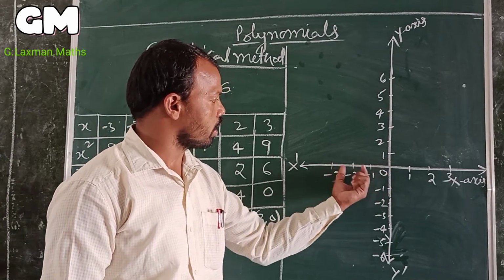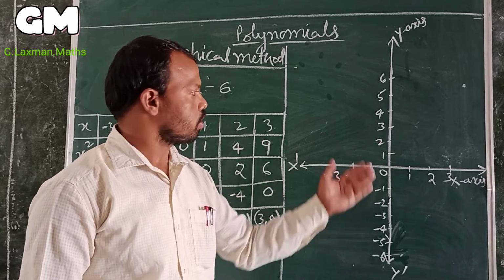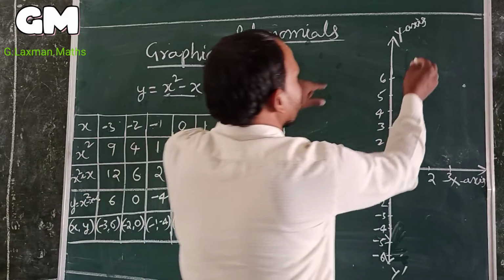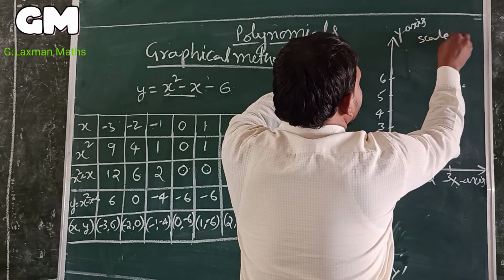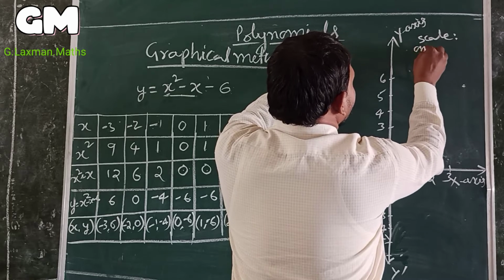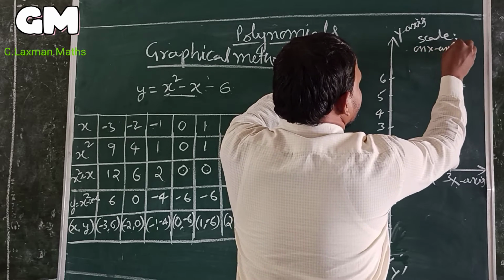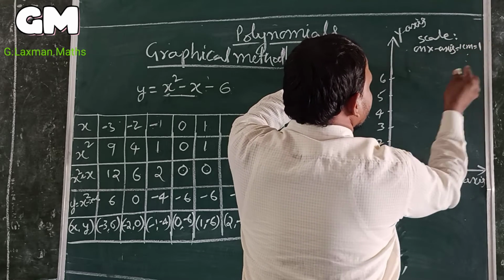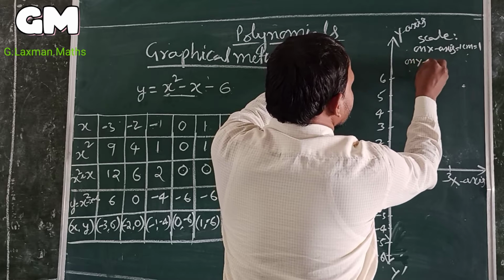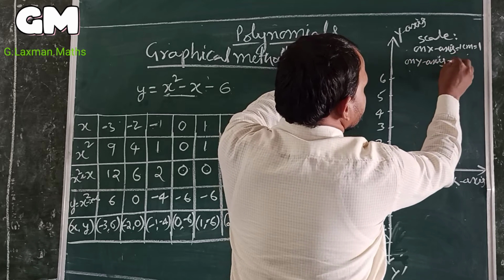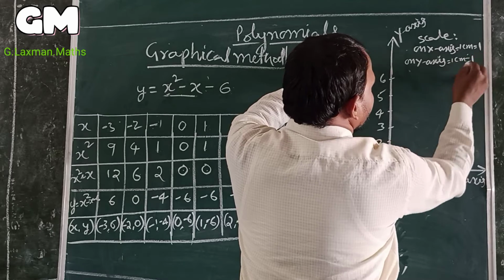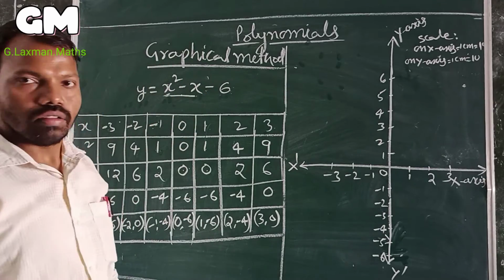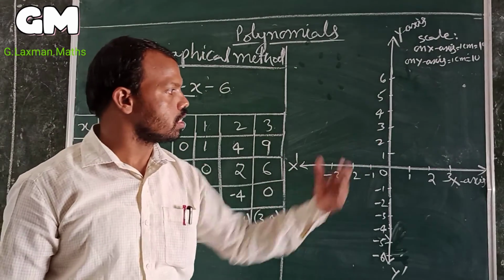So we take a graph and write the scale here: on the x axis 1 centimeter is equal to 1 unit, and on the y axis 1 centimeter is equal to 1 unit. Now we plot these points on this graph.